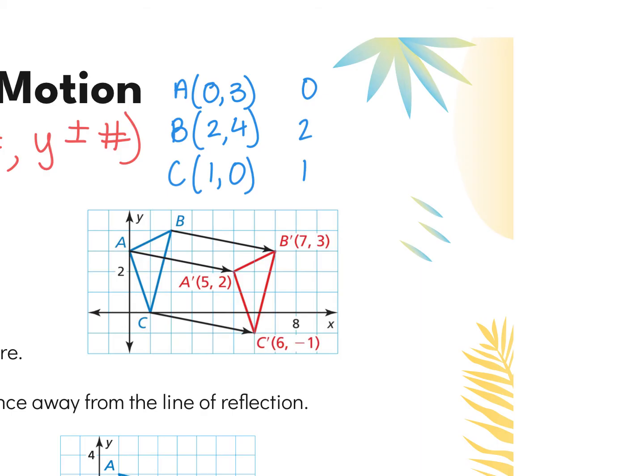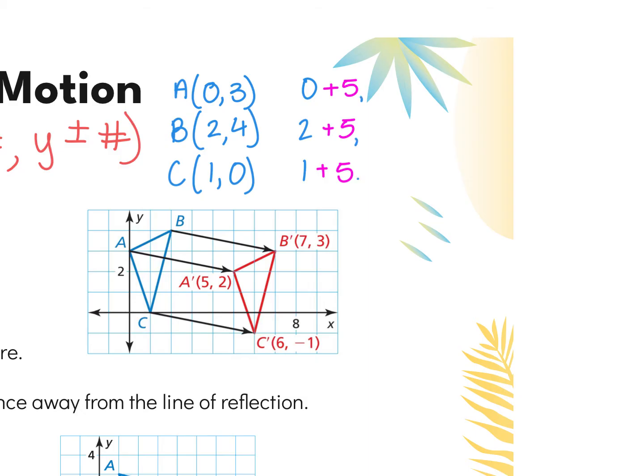I moved 1, 2, 3, 4, 5. If I'm moving to the right 5 times, do you think I'm adding or subtracting? Any ideas? If you're moving to the right, are you adding or subtracting? Good, I'm going to add. So I'm adding 5 to all of them because it's the same type of slide.